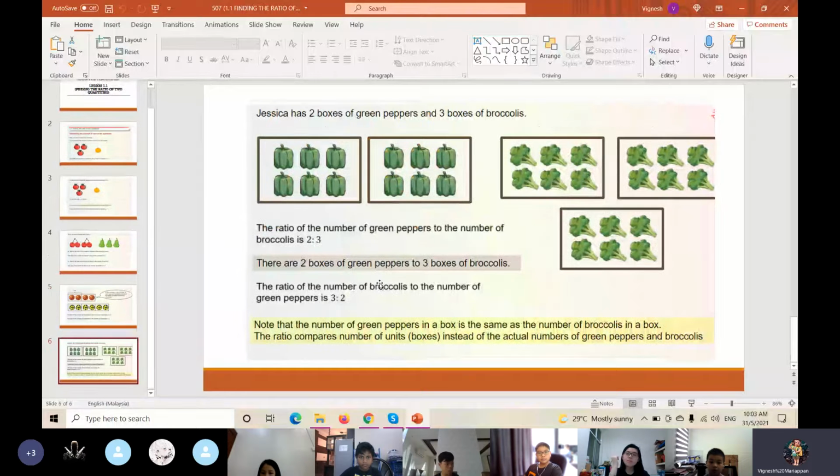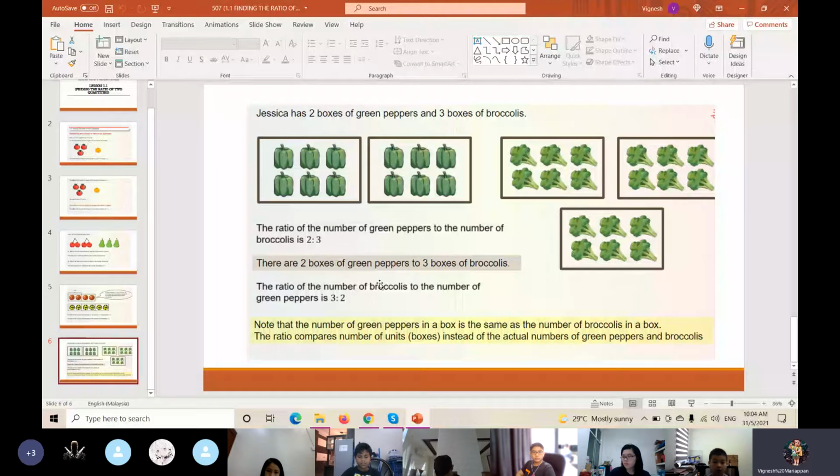Okay, so the next one, the last one. Jessica has 2 boxes of green peppers and 3 boxes of broccolis. For here, teacher already put them in the box, which means 1 box is 1 unit, equal to 6 green peppers, and 1 more box is also 6 green peppers. And 1 box of broccolis is also 6 broccolis, and 1 more box also 6 broccolis.